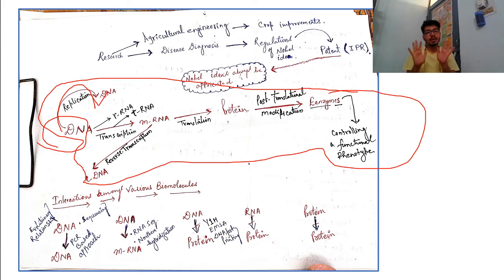Not all enzymes are proteins, but most proteins can give rise to an enzyme. This enzyme basically controls some phenotype. So metabolic pathways and metabolic pathway engineering are very important, in how these enzymes control a phenotype. This is the whole story of the central dogma of biology.